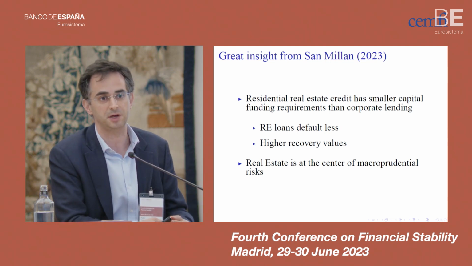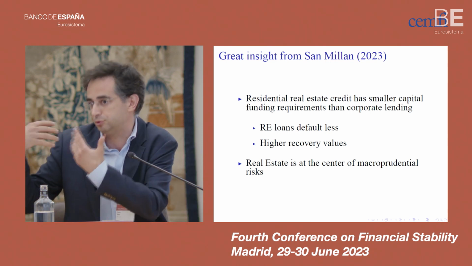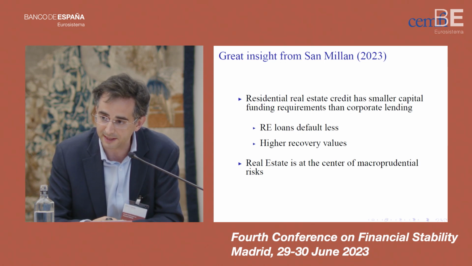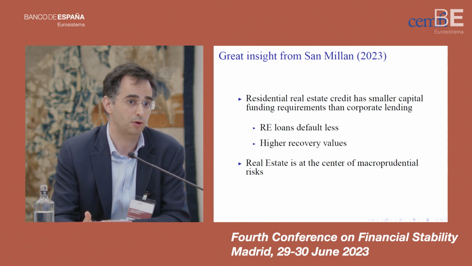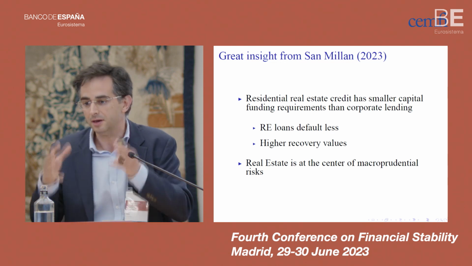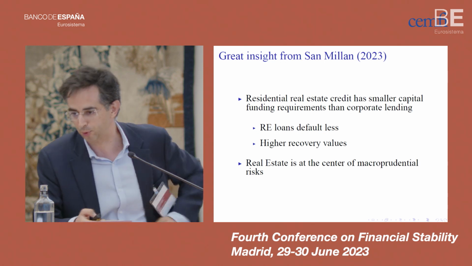Assets of companies are much more specific, so if you close the company, it's harder to sell, but you foreclose on a house and you sell the house. So what happens is that from the micro perspective, the real estate credit ends up having a better treatment than the corporate credit. But at the same time, like the previous picture showed, real estate is at the center of all the macroprudential risk.